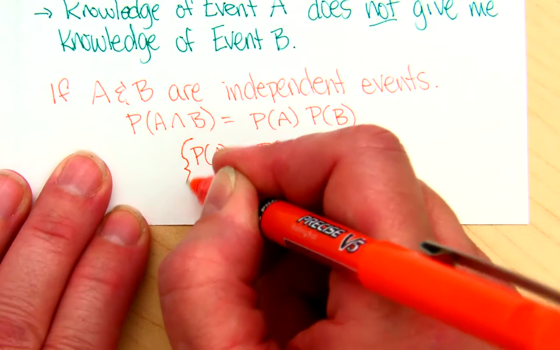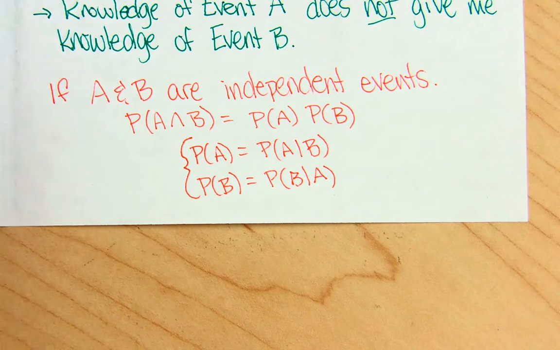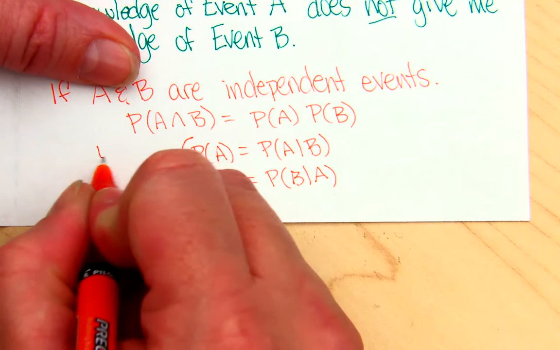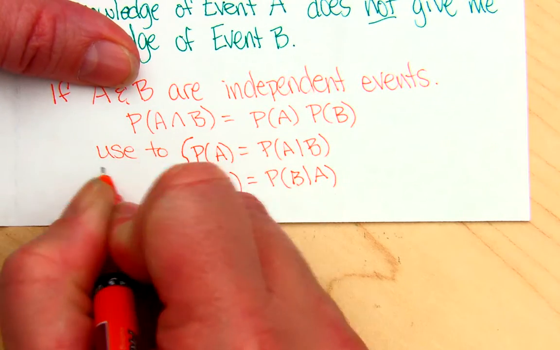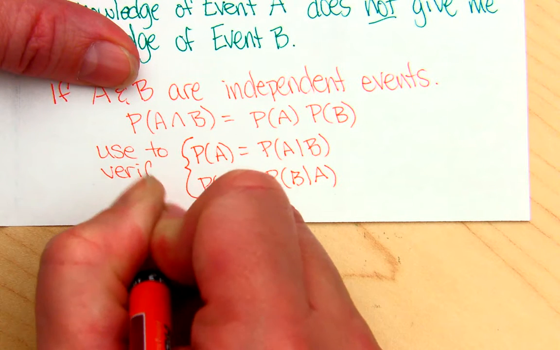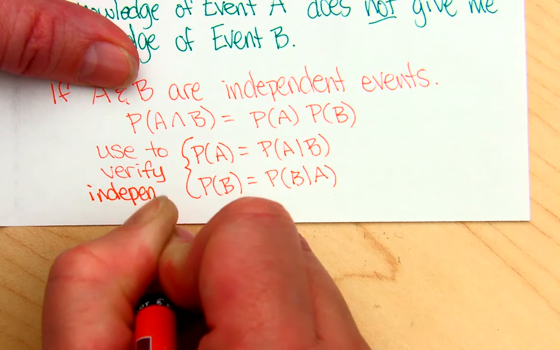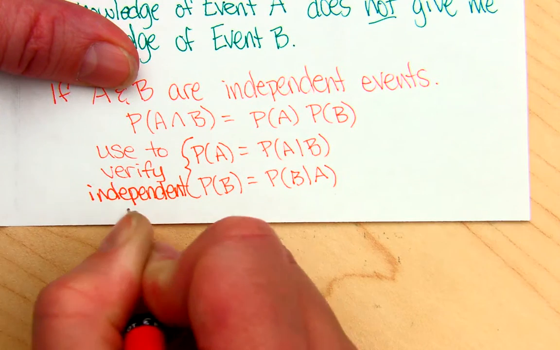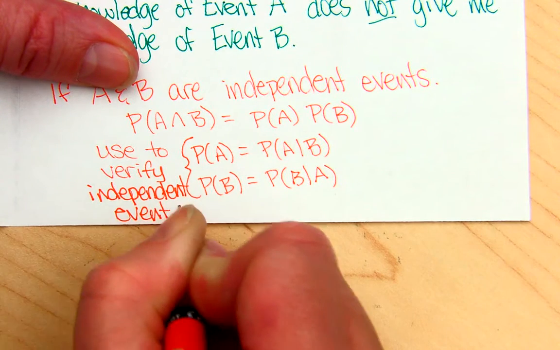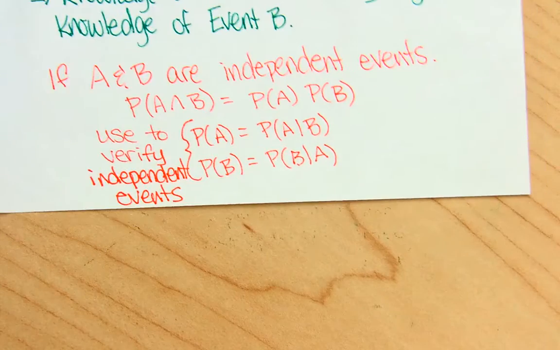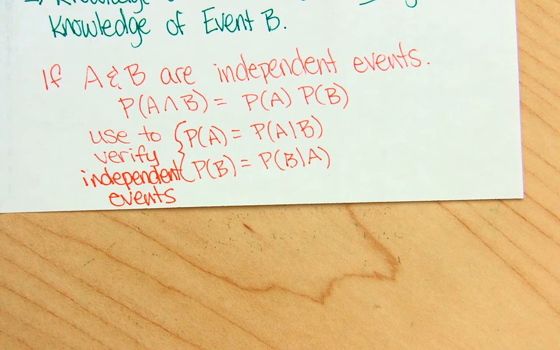So these are what we use to verify independence. So if they ask you, are these events independent? This is how you would show that you have checked that condition.